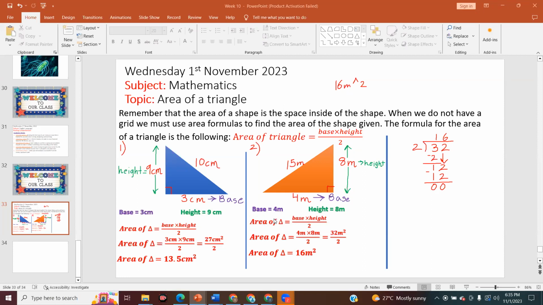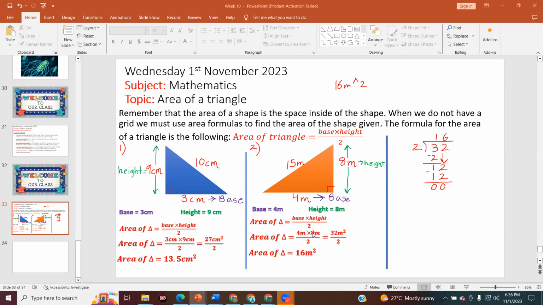Now the area of the triangle formula says base times height, divided by 2.